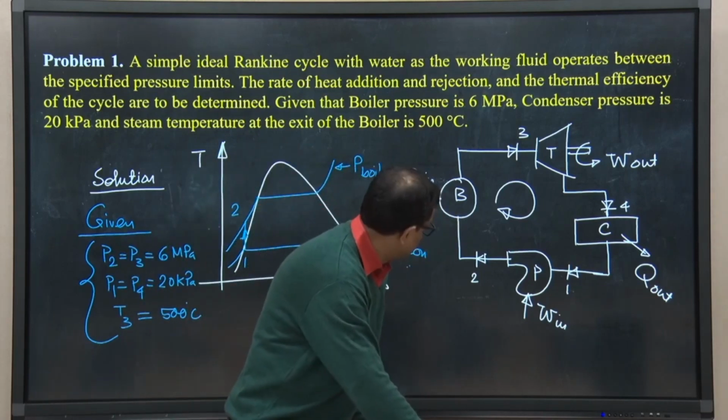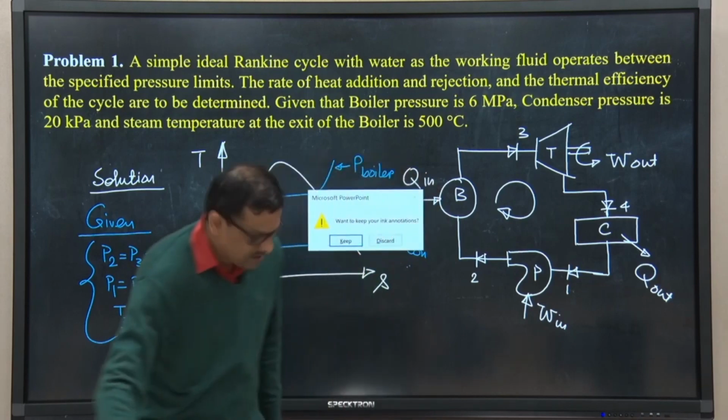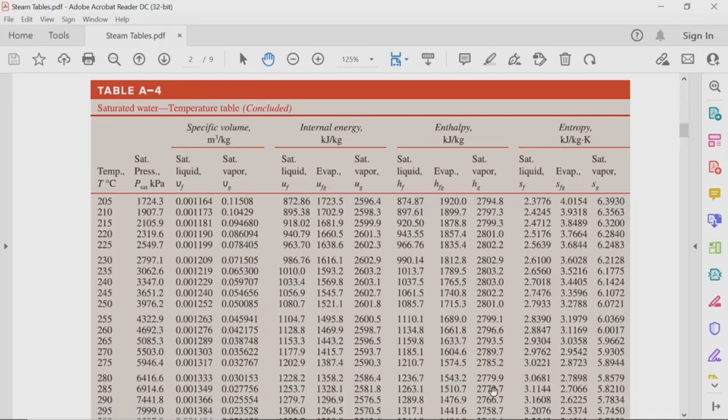So, we have seen that pressure is 6 megapascal and temperature is 500 degrees Celsius. We shall go first to the saturated water pressure table, not the temperature table, because pressure is mentioned.